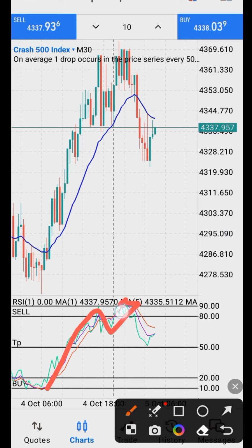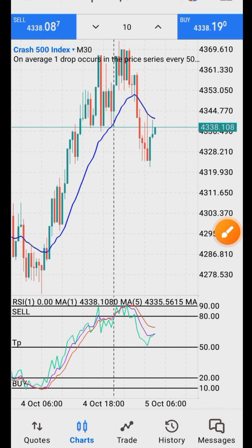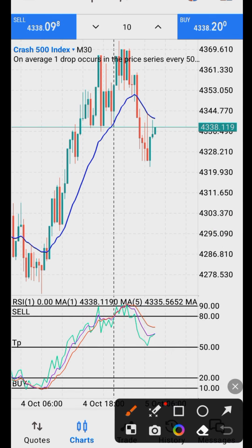This is your area of interest. You understand? Because price has told you that you want to sell here, then it went back to the entry point so that you can put on your entry, then you sell.